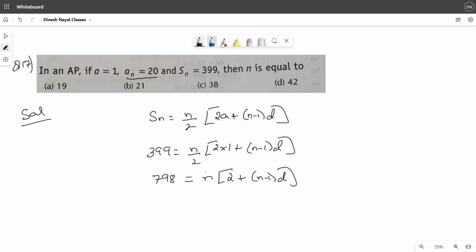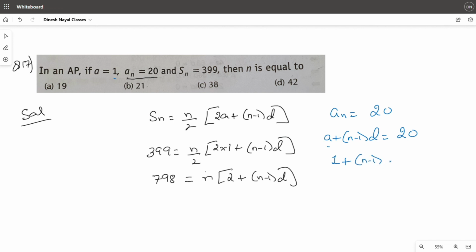And also it is given that an is 20. So writing over here an equals 20 and applying the formula a plus n minus 1 into d equals 20. We know that a is 1. So substituting, 1 plus n minus 1 into d is 20.